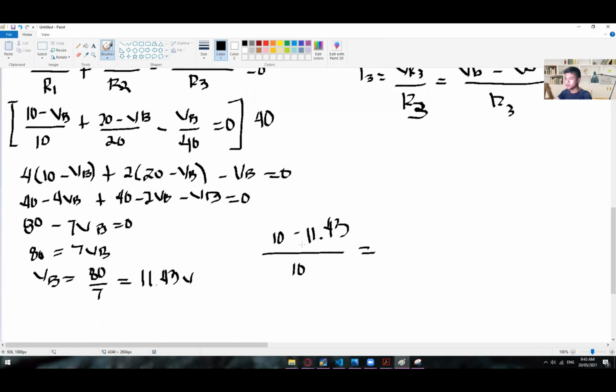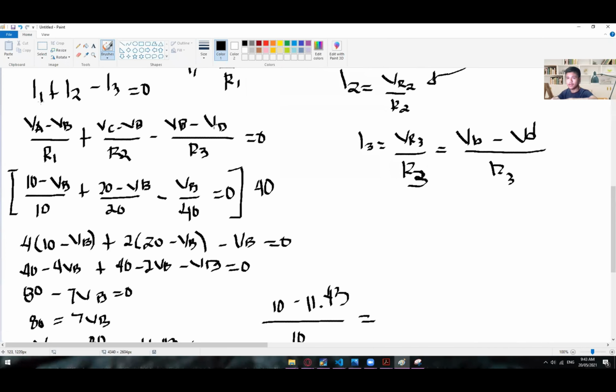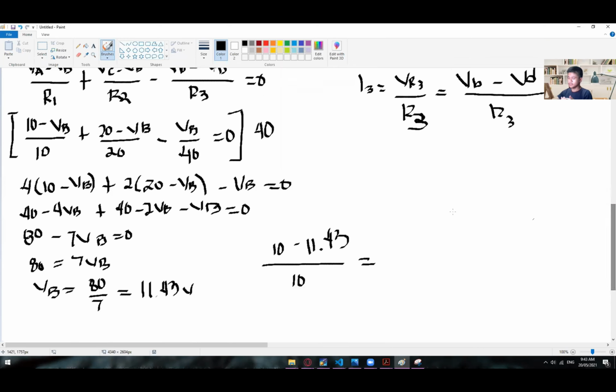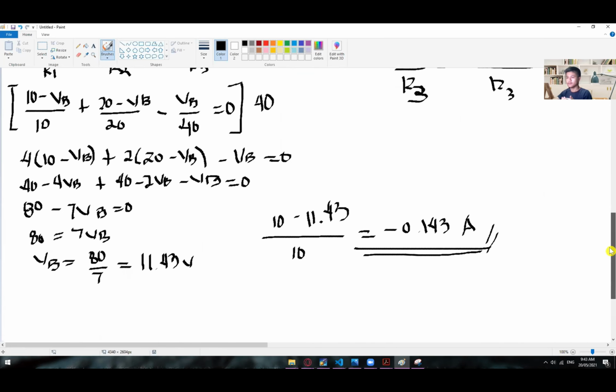Whatever the result is, that is our I1. 10 minus 11.43 divided by 10 gives us negative 0.143 amps. So this is our I1.